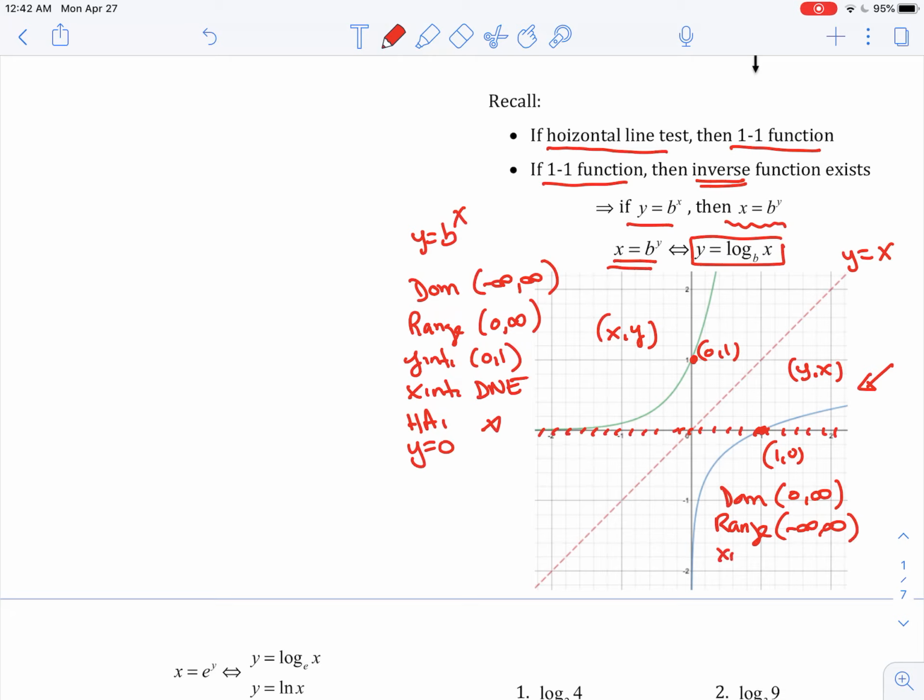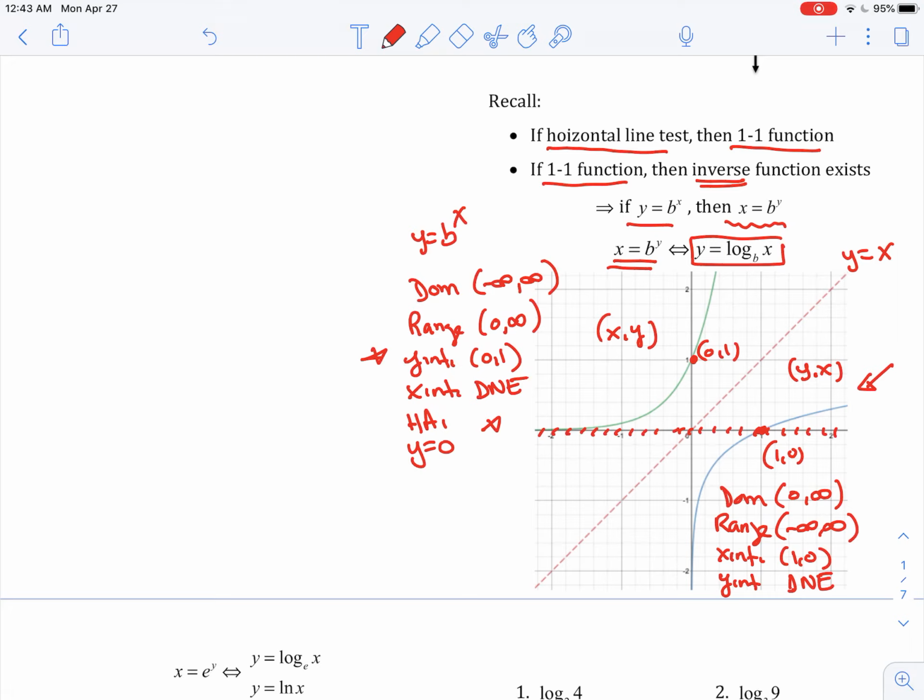Our x-intercept we can see in our graph was the point 1, 0, which should make sense because we had a y-intercept of 0, 1 on our exponential. Our y-intercept is not going to exist. We are not going to hit the y-axis at all.